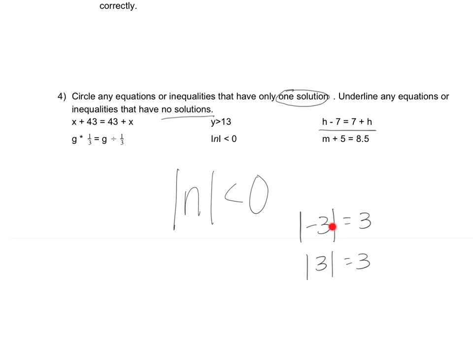So no matter what is inside the absolute value, my answer is always positive. So even if I don't know, I know it's going to be positive. So is there any chance for it to be less than 0? No, that does not make sense because it has to be positive. So if there are no solutions, we underline.